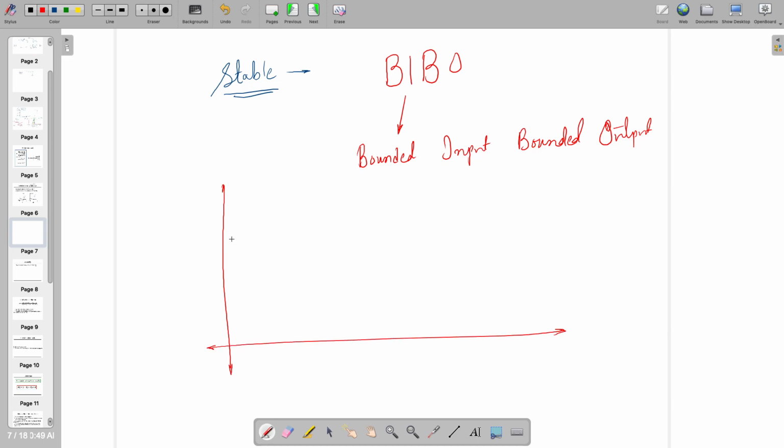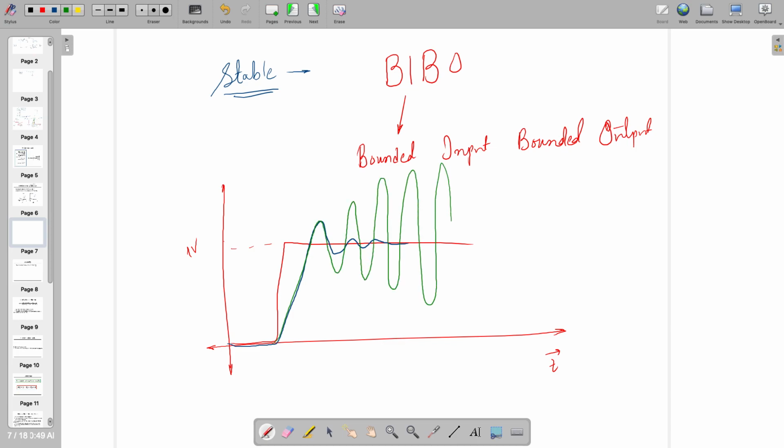So if this is my input, so this is my bounded input. Let's assume I'm giving 1 volt with respect to time, and the output is in this way, or it might go this way.